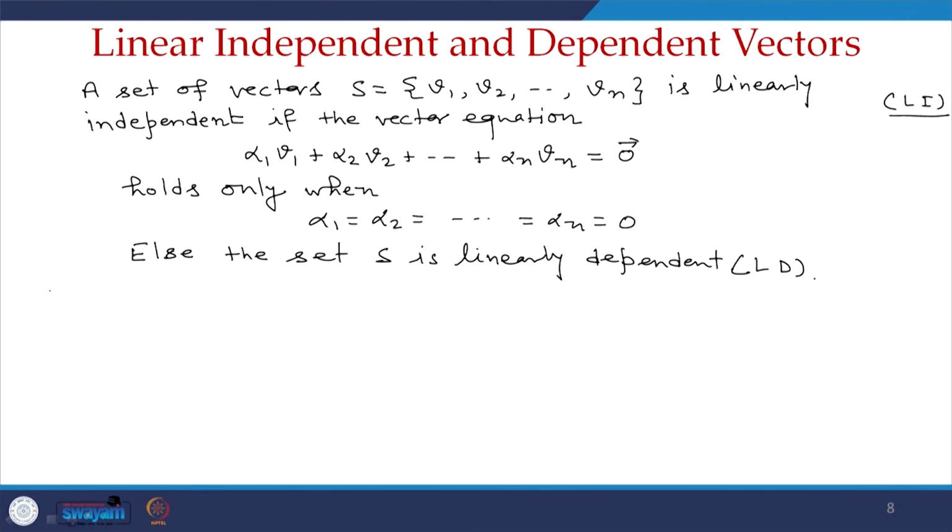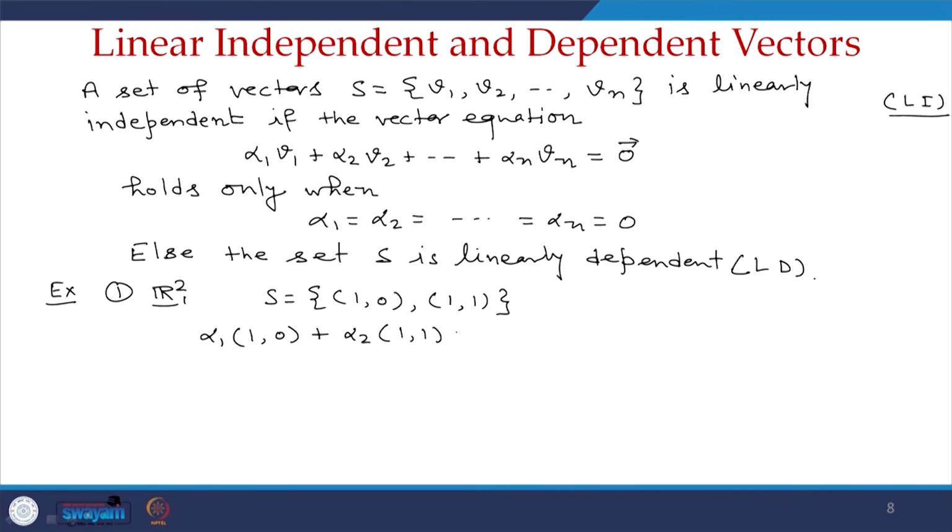Let me take some examples. The first example I am taking from R2. I take a set S which has vectors (1, 0) and (1, 1). Let me take the linear combination alpha 1 (1, 0) plus alpha 2 (1, 1) equals the zero vector from R2, that is (0, 0).